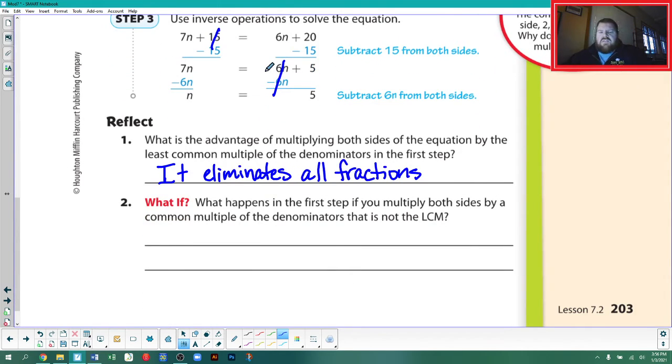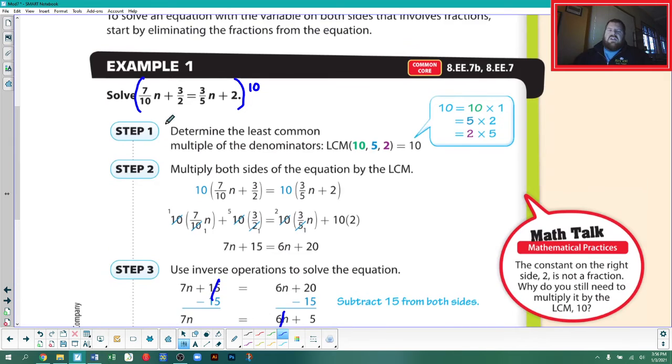So what happens in the first step if you multiply both sides by a common multiple of the denominators that's not the LCM, not the least common multiple? In other words, if I multiplied by what I said earlier, we could use 100. Well, if I used 100, same problem, doing it a different way, 7 times 100 divided by 10 would be 70, so it would give me 70n. 3 halves times 100, the 2 and the 100 reduce to 1 and 50.